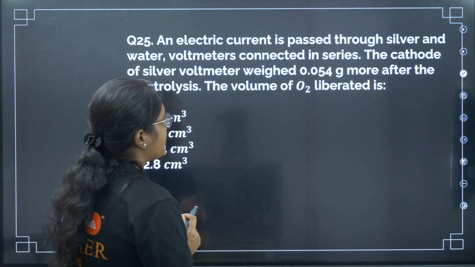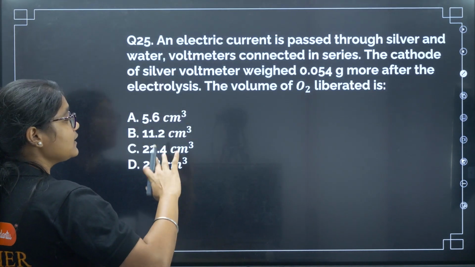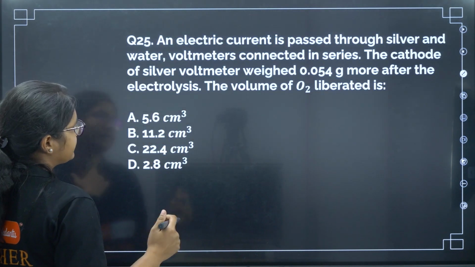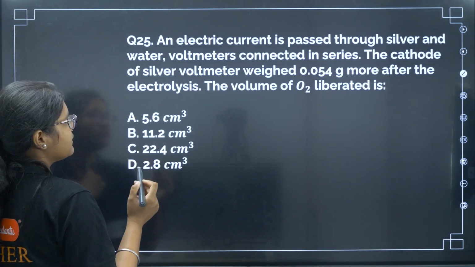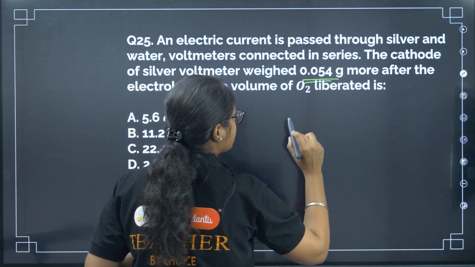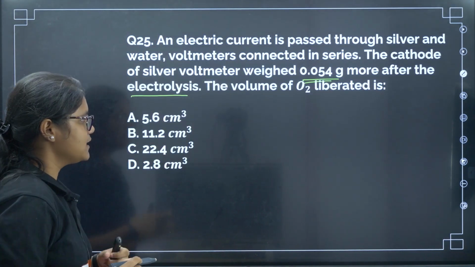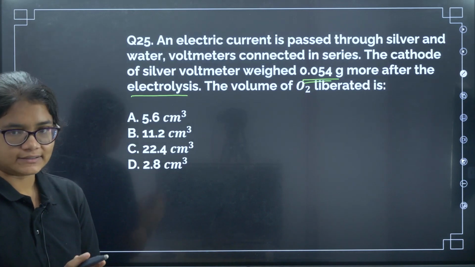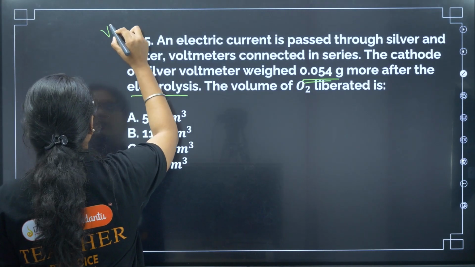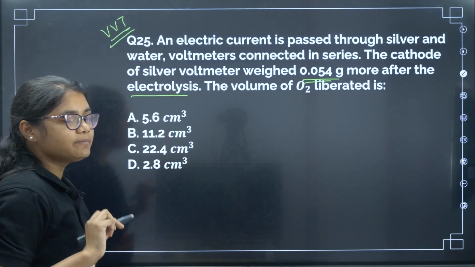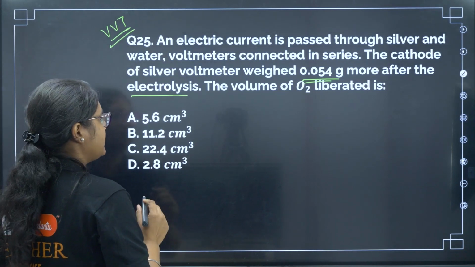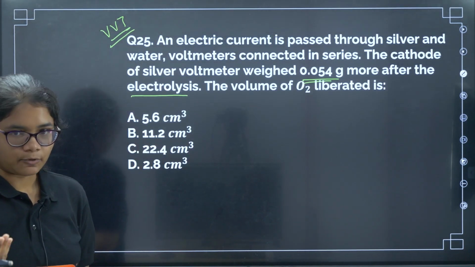an electric current is passed through silver and water voltmeter connected in series. The cathode of the silver voltmeter weighs 0.54 gram more after the electrolysis. The volume of O2 liberated is... So this question is very, very important. Here you have to first understand that some amount of silver is deposited.